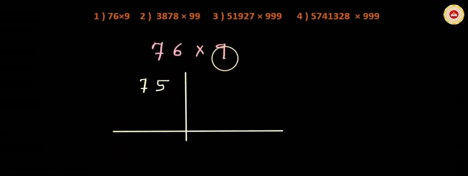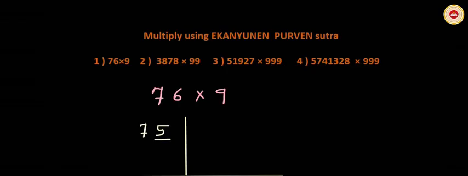How many 9s are there in the multiplier? There is only one 9. So mark only one digit from the right side. See, right to left. Correct?